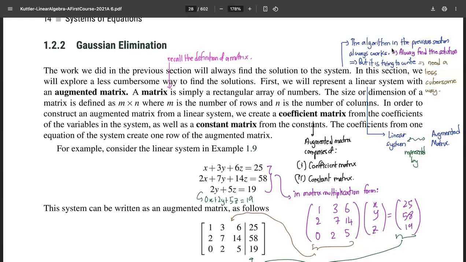So for example, if you're starting with 2x plus 3y and x plus 2y equal to 1 and 2. An augmented matrix, just to recap, how do you derive the augmented matrix?